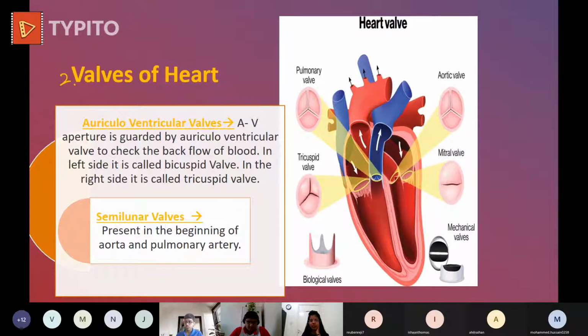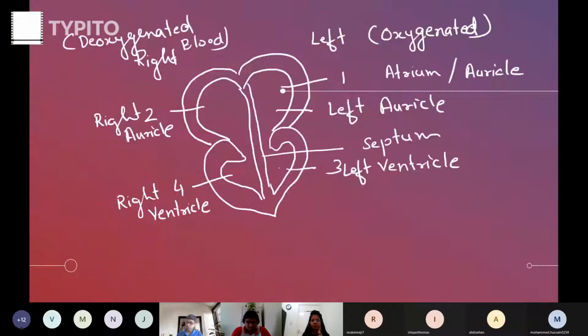Okay, now we'll discuss the valves of the heart. Now look here, it is the auricle, it is the ventricle, and this is the auriculoventricular aperture. So there is a valve. What is a valve? A valve is a muscular structure which checks the unidirectional flow of blood. Blood always moves from auricle to ventricle, and that is controlled by the valve.